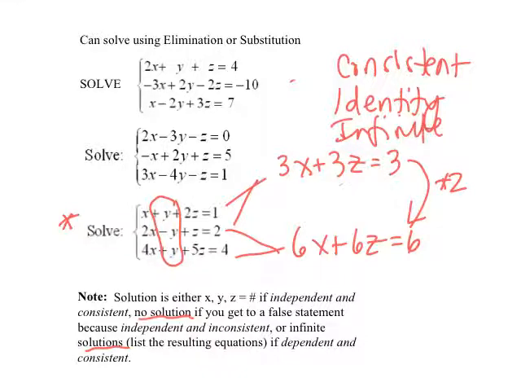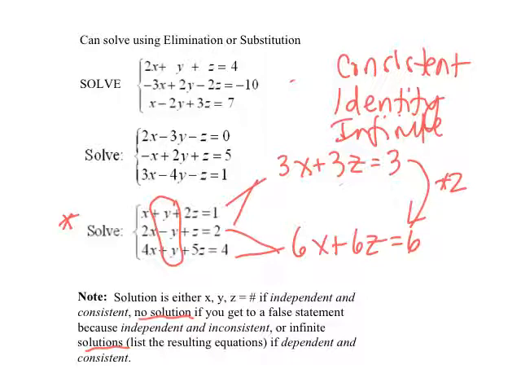So this is the situation where we have a line in common, or where they're all the same plane. Actually, we can tell that they're not all the same plane because they would all be multiples of each other. So this is the situation where we have a line in common.